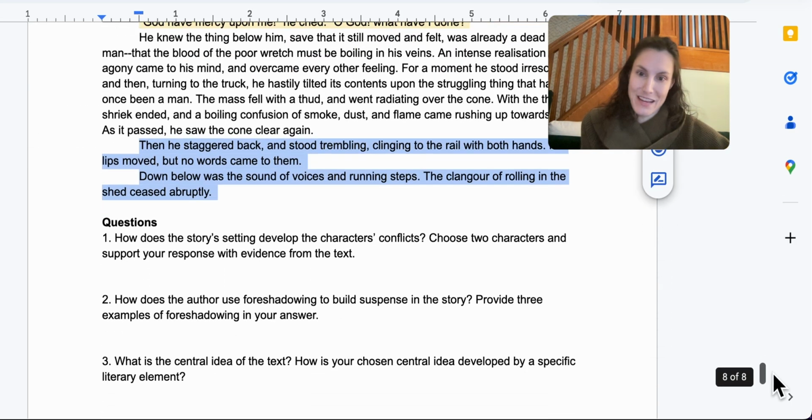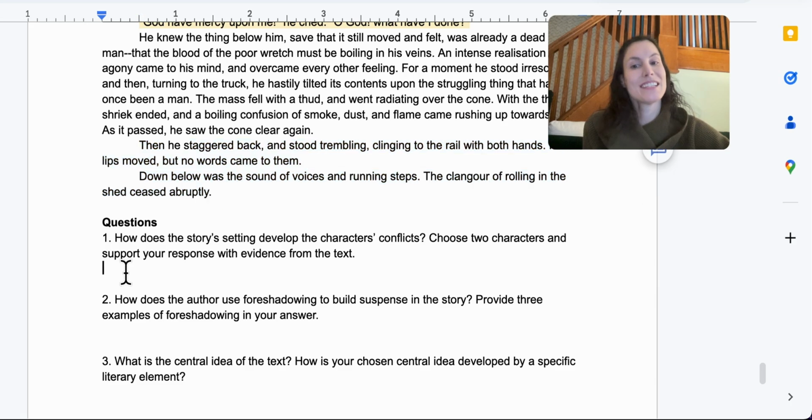So the question we would have here: how does the story's setting develop the characters' conflicts? All right, well, first of all, we could say that Mr. Rout's conflict, he goes there for inspiration, but falls in love with an iron worker's wife.